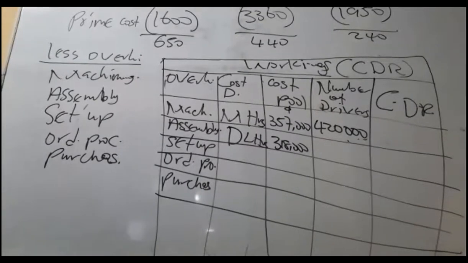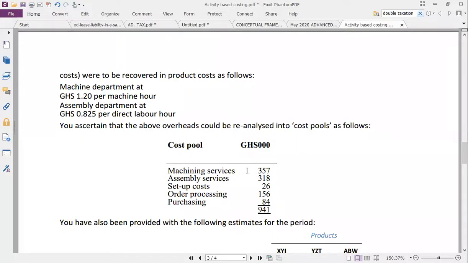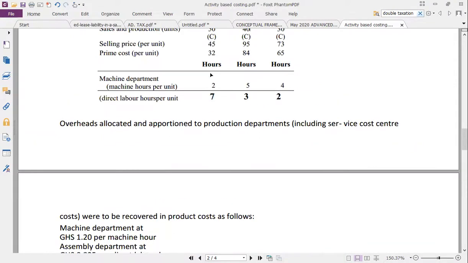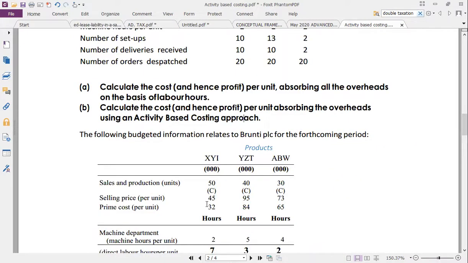Then next, the number of drivers. Let's calculate the total number of labor hours. Yes, this one too is per unit, so you have to multiply this 7 by the 50 units. So 7 by 50, that will be 350.